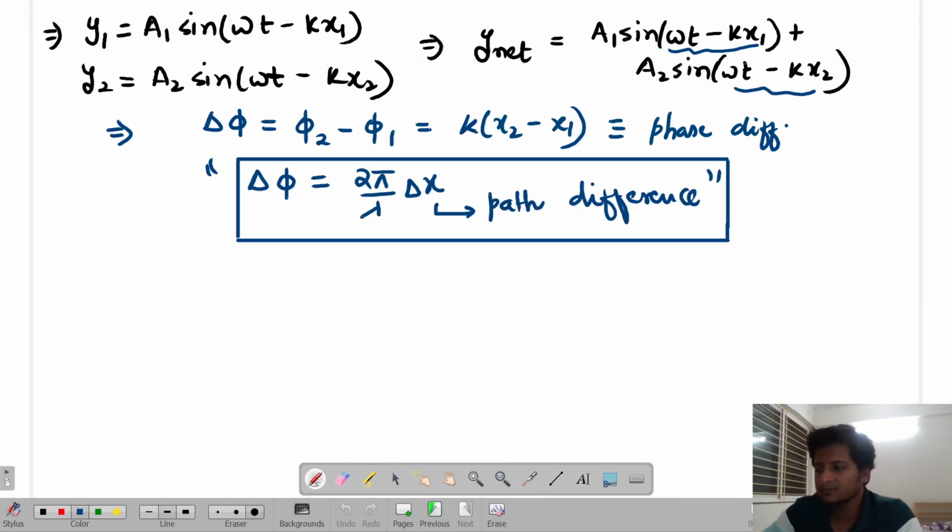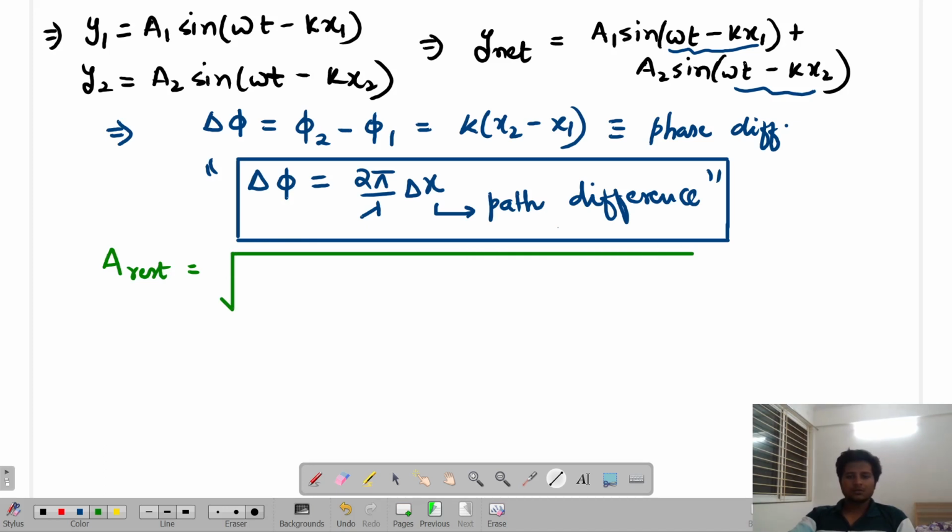Now when you do all those calculations and expand it, you will end up with the resultant amplitude as root under a1 square plus a2 square plus twice a1 a2 cos delta phi, because delta phi is my initial phase difference between the waves.